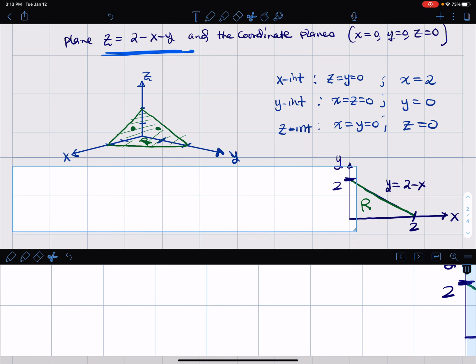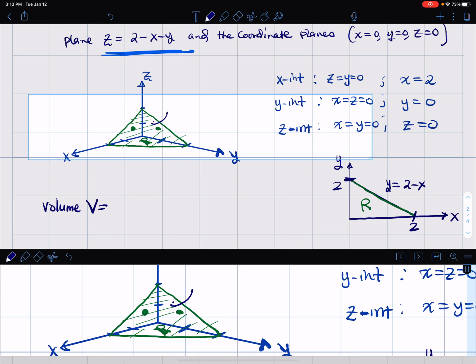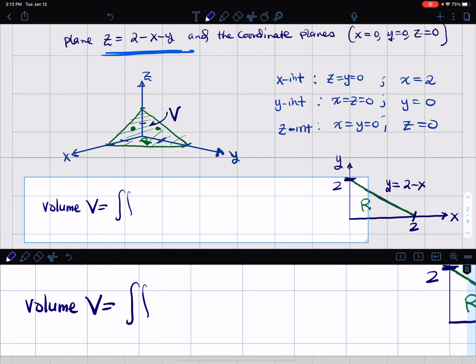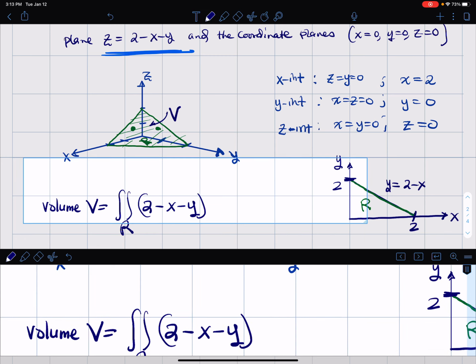Then our volume now, which we're trying to compute, the volume V of this solid, is the integral over the region R of 2 minus x minus y. Because that's our function.